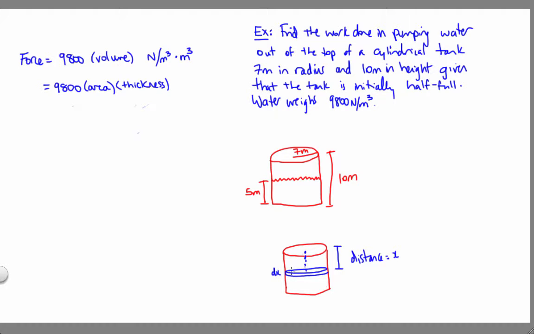So let's look back at our disk. We're going to find the circular area, and we're also going to think about that thickness or height, which is dx. Let's plug in. Because we're talking about a circular area, it's going to be pi times radius squared, so pi times 7 squared, and our thickness we've said is dx, and that's measured in newtons.